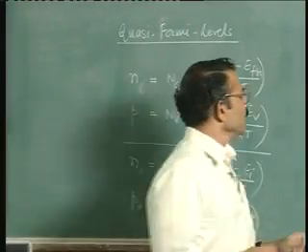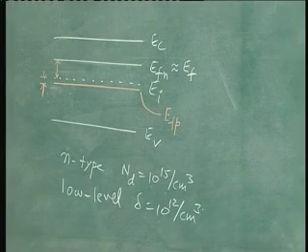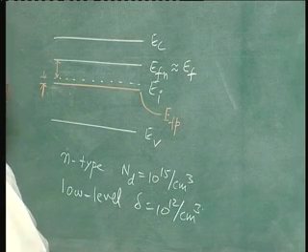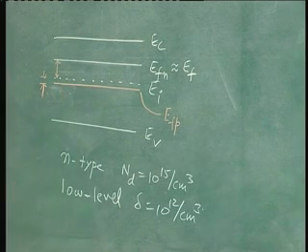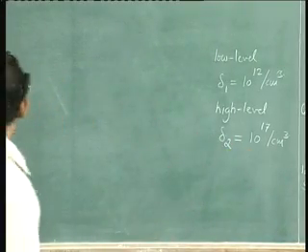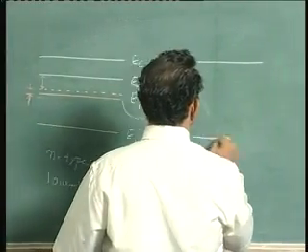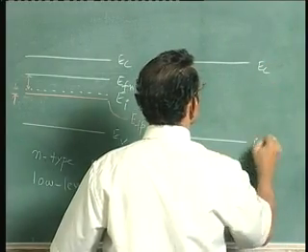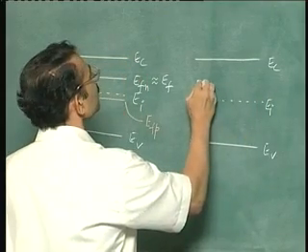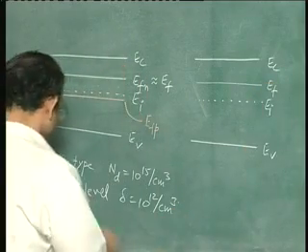Now what about high injection level? Under high injection level, your excess hole concentration will be the same as the excess electron concentration. So your carrier concentration would be, say, 10 power 17, as we have discussed in this example. The picture can be shown separately to avoid confusion. This is EC, this is EV, this is EI, and let us say this is your EF corresponding to equilibrium.